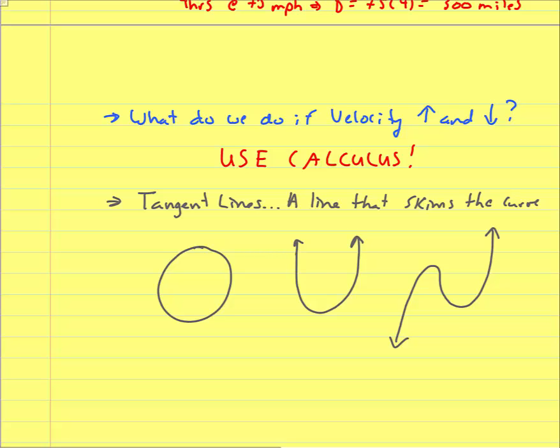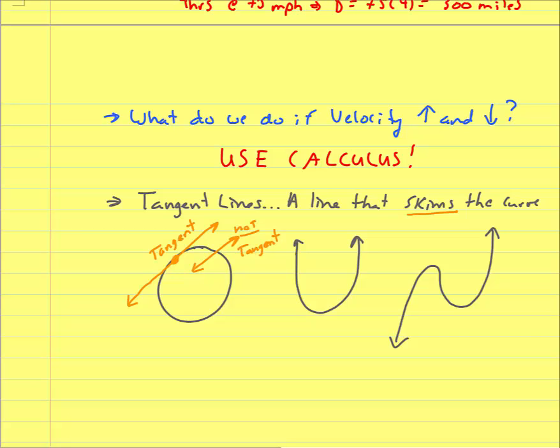A tangent line, we're used to saying, touches the graph once. But really we want to talk about how it skims the curve, because this line is touching the graph once, but it's not tangent. So it skims right here and it touches in one place. So this line is tangent.